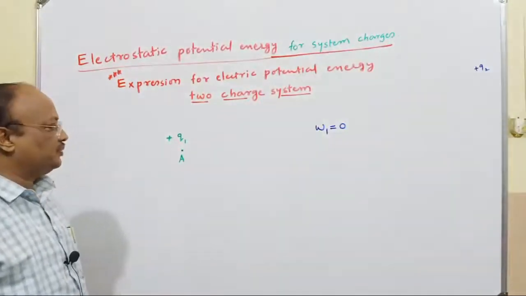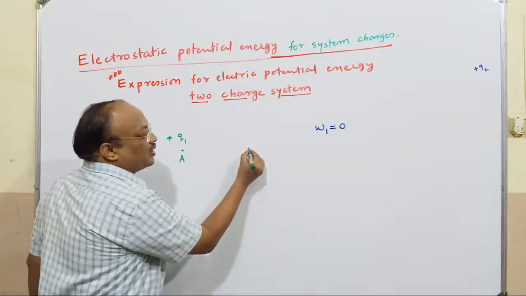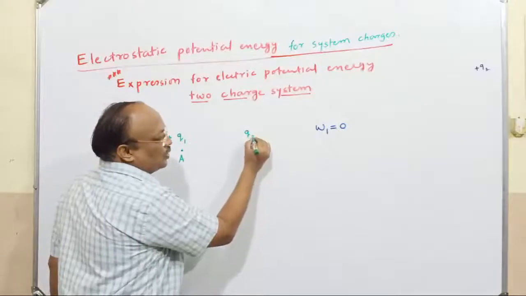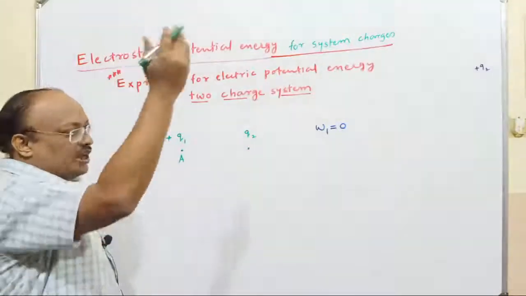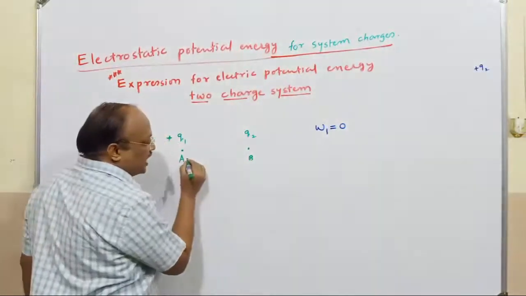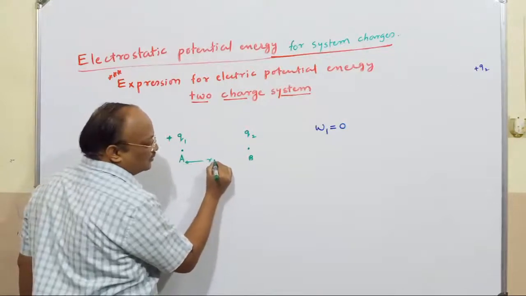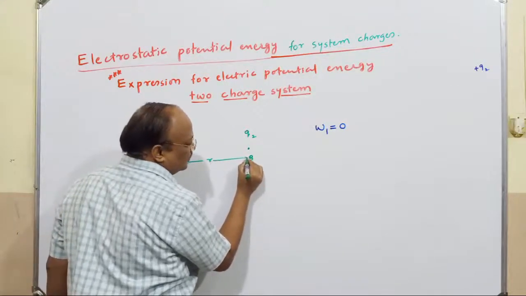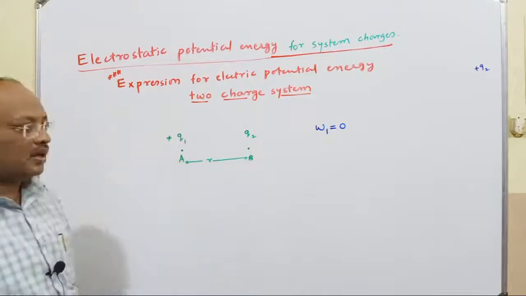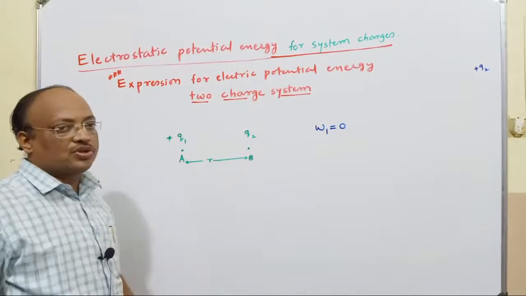So next, I have to bring the second charge Q2 from infinity to a position which is at a distance r from Q1. The separation between these two positions is this r.